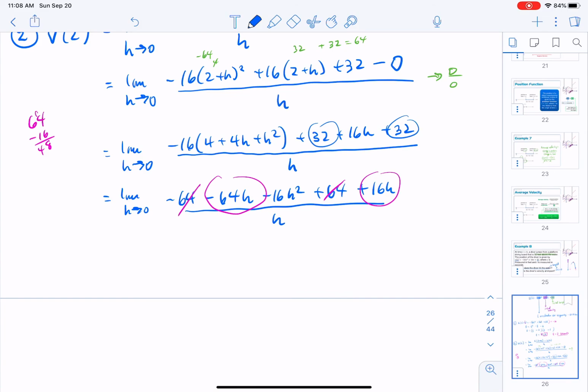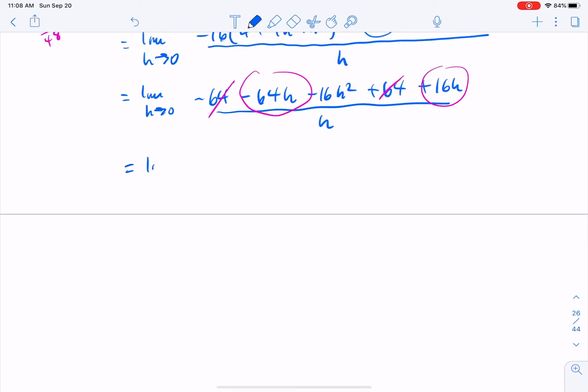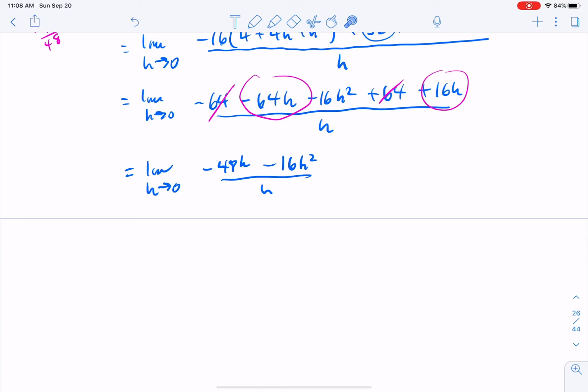I'm running out of room very quickly. Need an extra page. These calculus problems, hopefully you have one of those 5-subject notebooks for all of these problems. Limit as h goes to 0, I'm going to have negative 48h, negative 16h squared over h. All right, not quite done yet because if I stick in a 0, I'm still going to have 0 over 0.